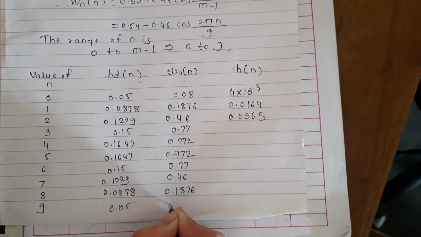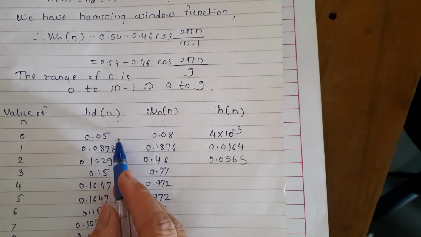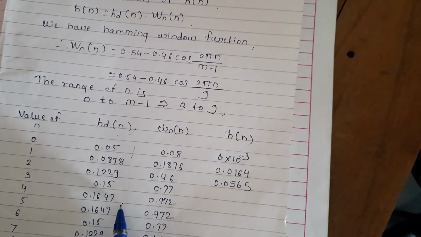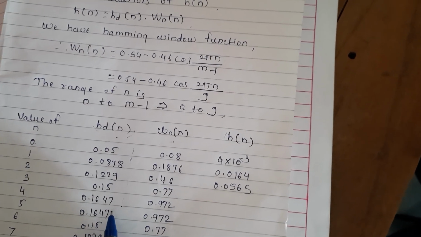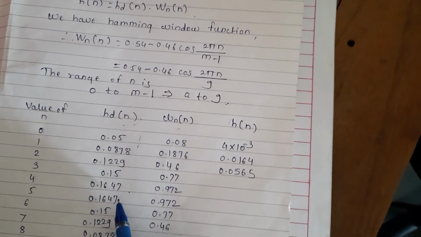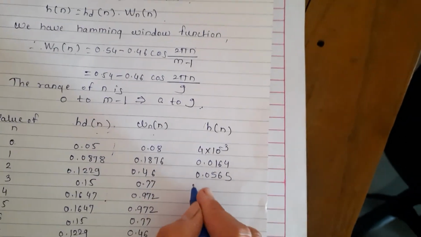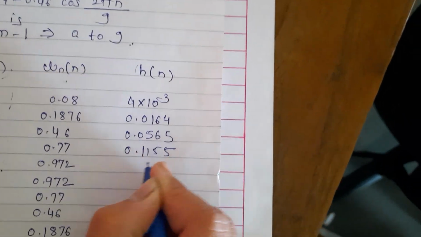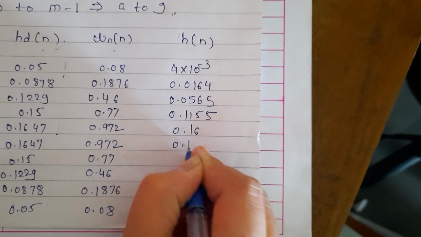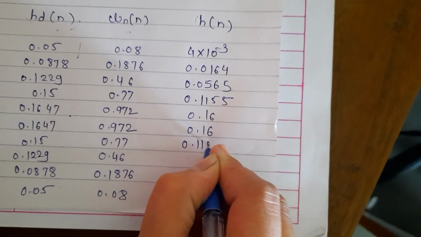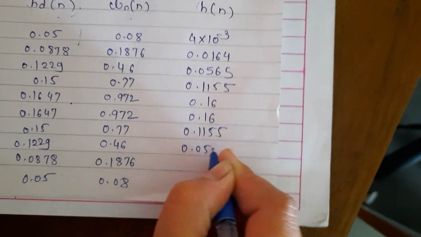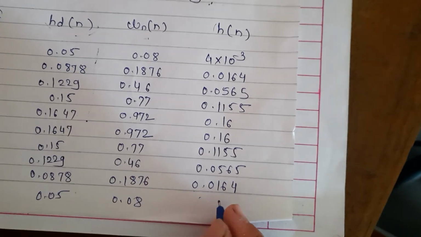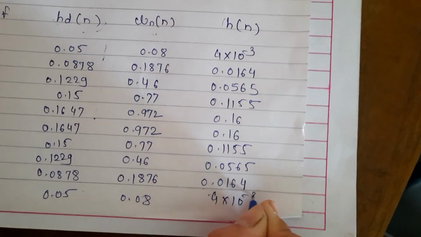Now here we can see how the values change. Up to these 4 the values are these, and after n is equal to 5 we get again the same values: 0.1155, 0.16, 0.16, 0.1155, 0.0565, 0.0164, and 4 into 10 raised to minus 3.